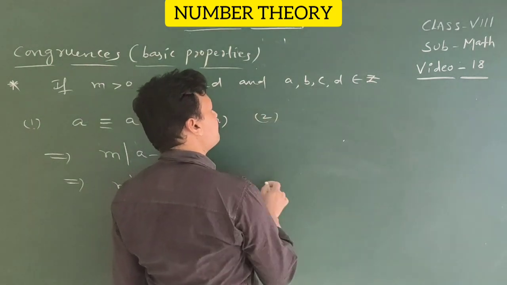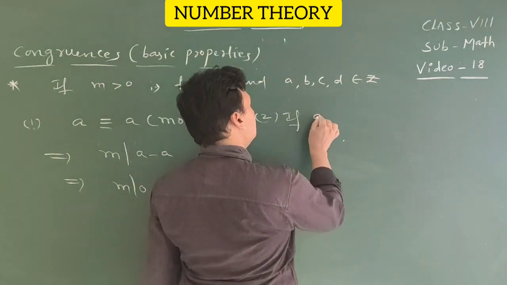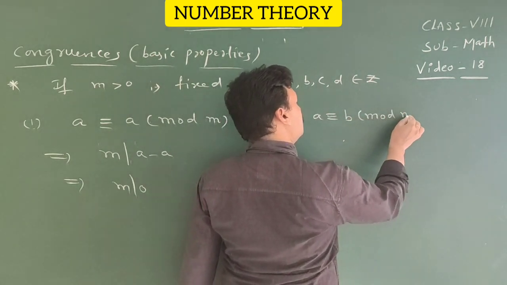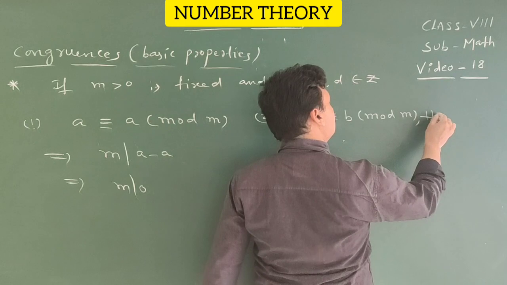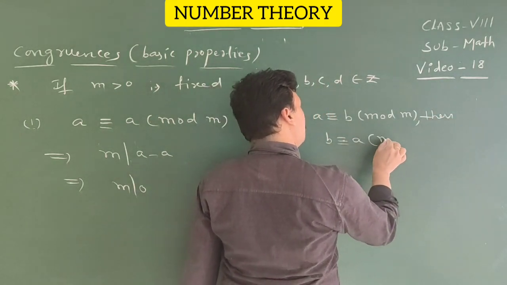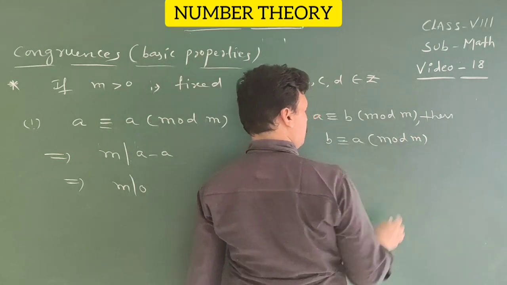Next, the second one. If a is congruent to b mod m, then b is congruent to a mod m.